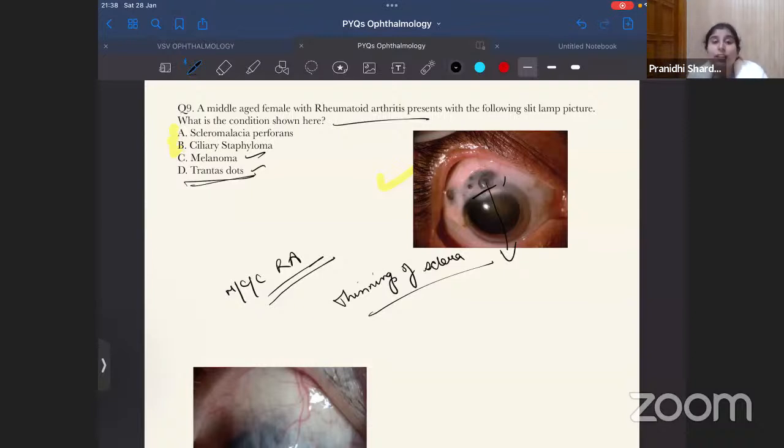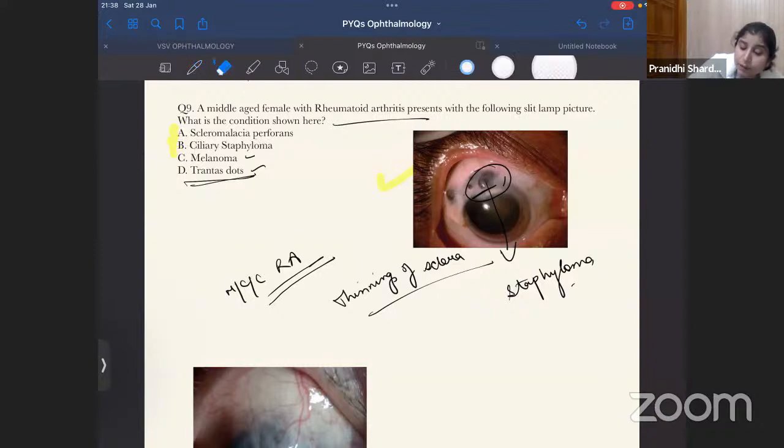Okay, an elevated lesion is staphyloma. If you see any elevated lesion, it is staphyloma. So the answer to this question is not scleromalacia, it is staphyloma. This question has been asked previously, so just keep in mind that an elevated lesion will be staphyloma, because staphyloma is outpouching of the uveal tissue.